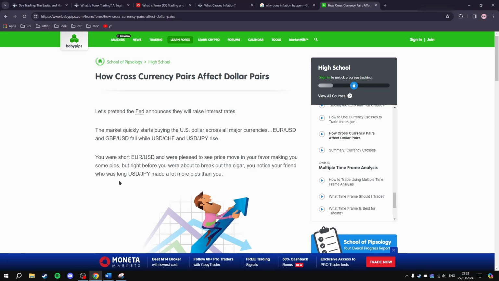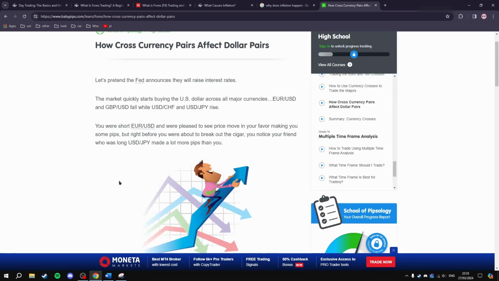Let's pretend the Fed announces they will raise interest rates. The market quickly starts buying the US dollar across all the major currencies. EUR/USD and GBP/USD fall, while USD/CHF and USD/JPY rise.